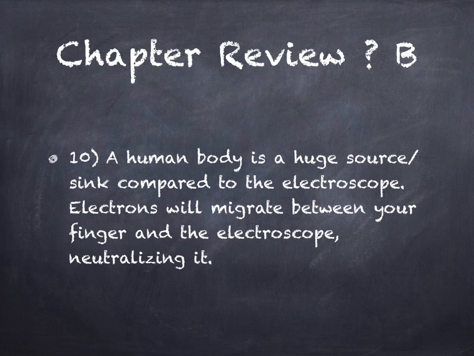If it needs electrons, it'll take them from you, and you won't even notice it. I'm guessing there would be an electric spark, but as far as your body, you wouldn't feel weird because you were suddenly negative or positive, because the number of electrons compared to your body would be very small, but it would be significant to the electroscope. That's why you're considered a ground, which I'm not sure I mentioned when we grounded our electroscope yesterday. I'm not sure if I mentioned the fact that your finger is also a good ground.